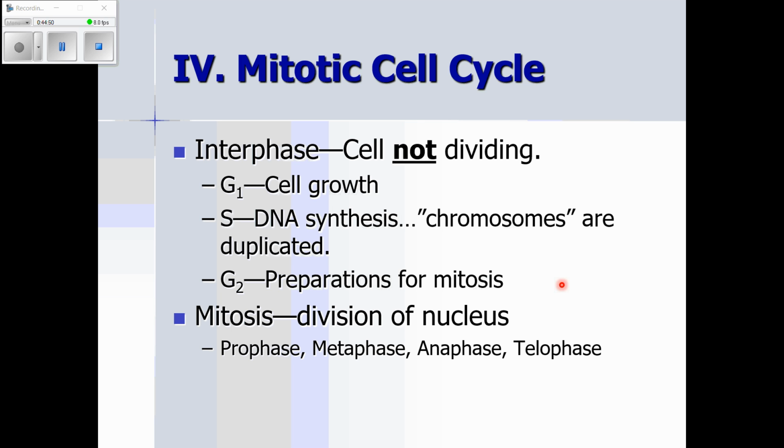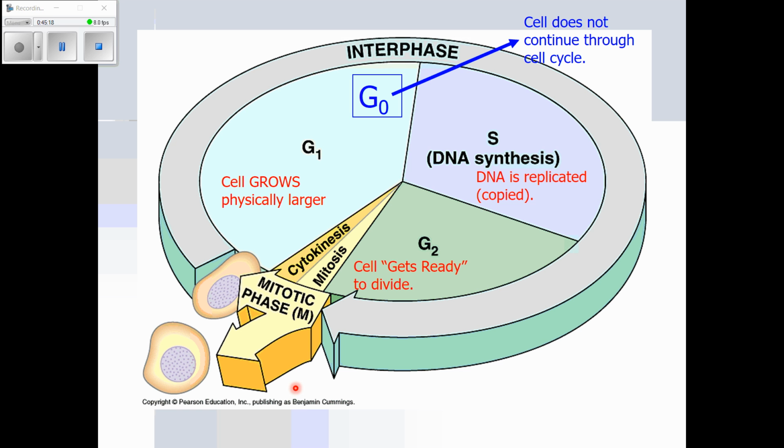Mitosis is the division or splitting of the nucleus, and you're going to learn next time that mitosis is made up of 4 distinct phases: prophase, metaphase, anaphase, telophase. Cytokinesis is the division or splitting of the entire cell so that one cell physically splits into 2 identical cells.